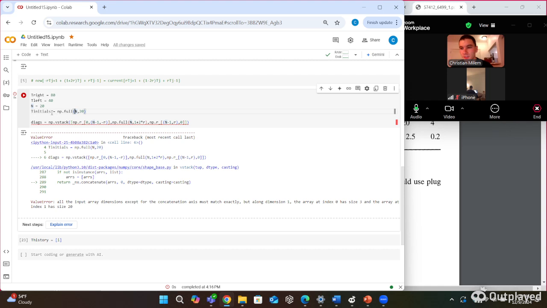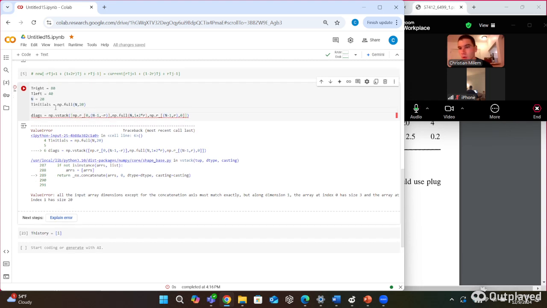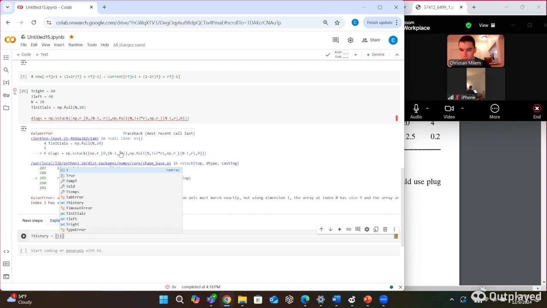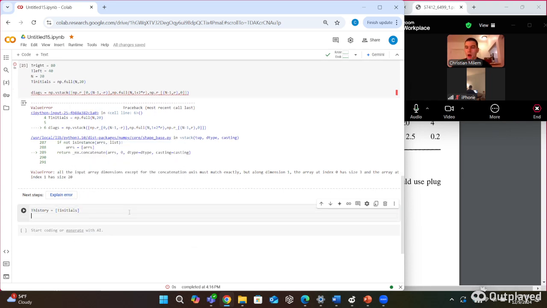And technically, I guess since we hadn't made any progress with the bar, it would be all of our temps. But now we're going to notate that as our initial values. So t initials. Our old values, we're going to need to keep track of those, and that's just going to be t initial.